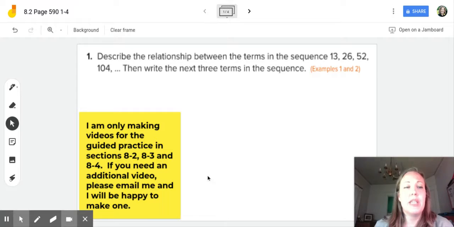So, first problem here on page 590 says describe the relationship between the terms in this sequence. And a sequence is just a list of numbers, and there's usually a relationship that we can find. An arithmetic sequence involves adding something. It also looks like subtracting, but most people would say arithmetic is adding because you are adding a negative to make it smaller.